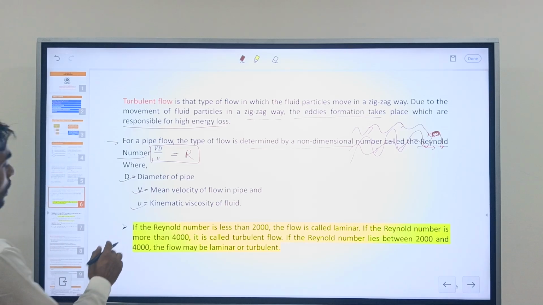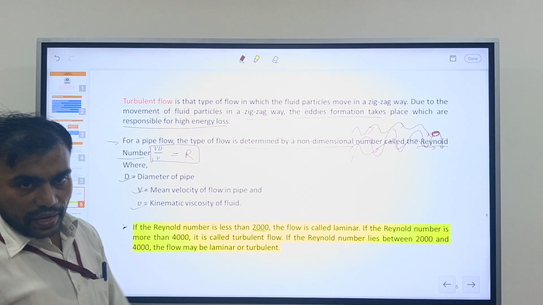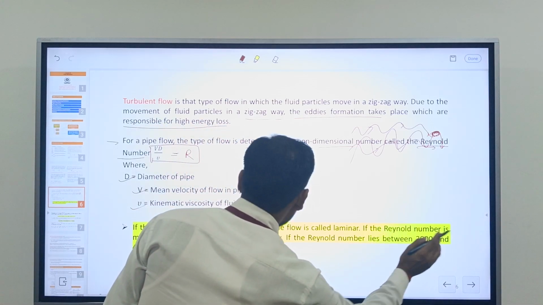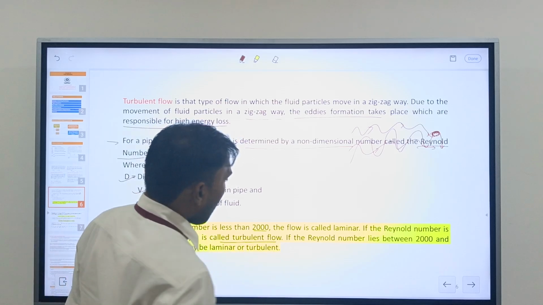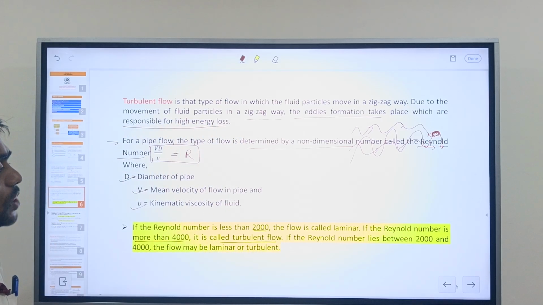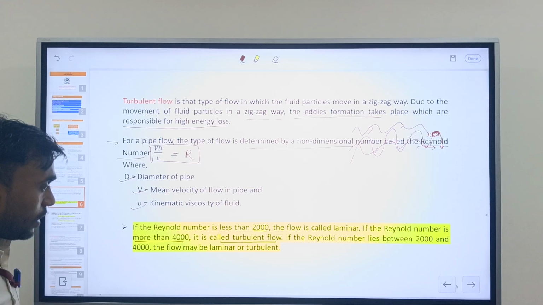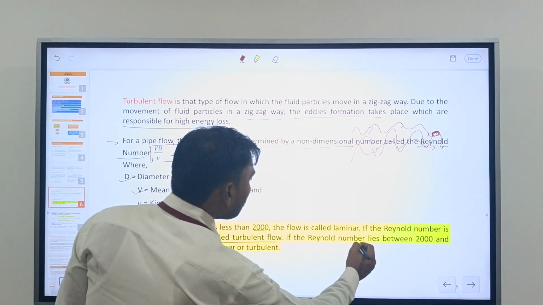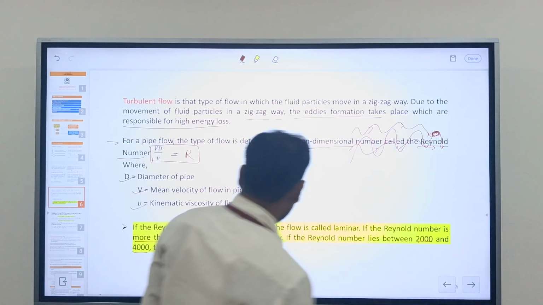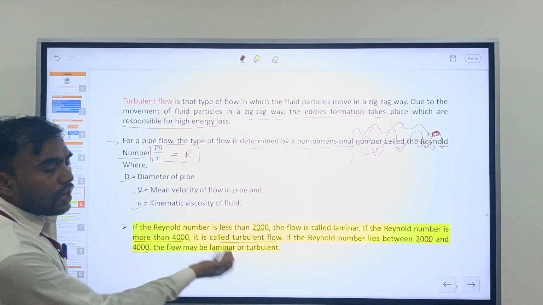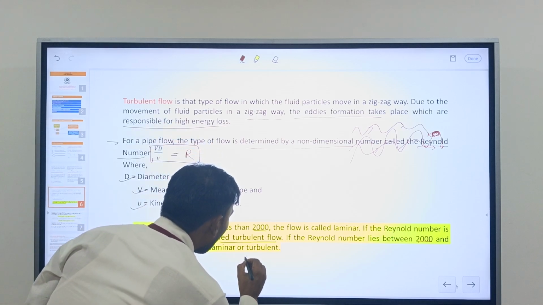Now, if the Reynolds number is less than 2000, the flow is called laminar. If the Reynolds number is more than 4000, it is called turbulent flow. And if the Reynolds number lies between 2000 and 4000, then the flow may be laminar or turbulent, or you can easily say it as transition flow.